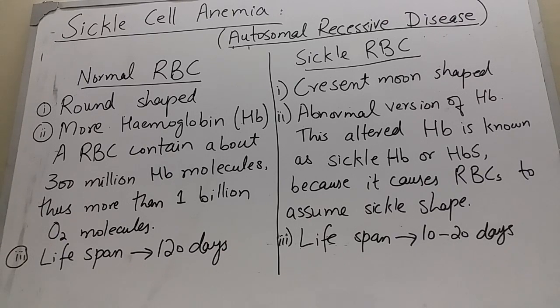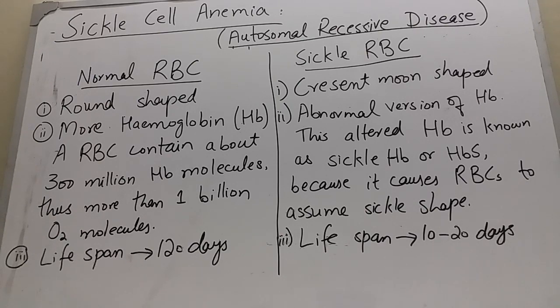While in the case of sickle cell RBCs, the shape of hemoglobin is not normal. It is distorted. In sickle RBCs, hemoglobin has an abnormal version, in which the mutation has occurred. This altered hemoglobin is known as sickle hemoglobin or HBS.